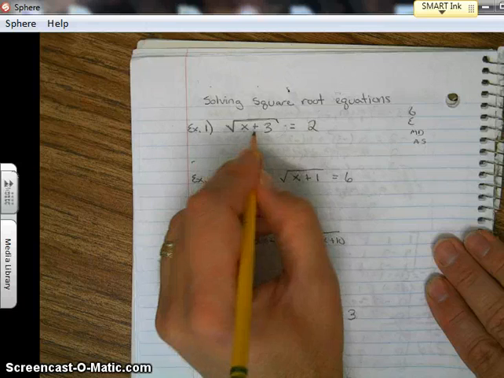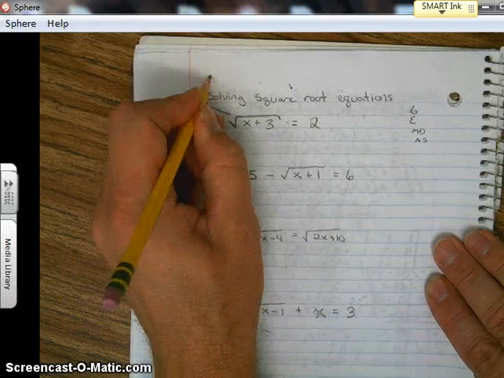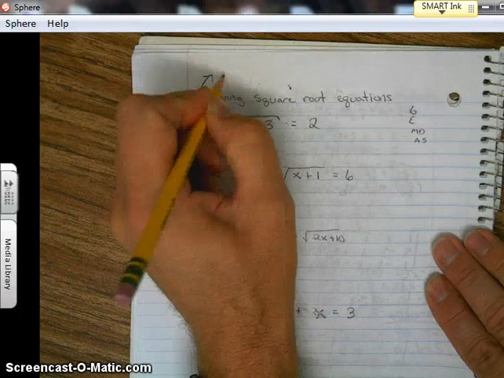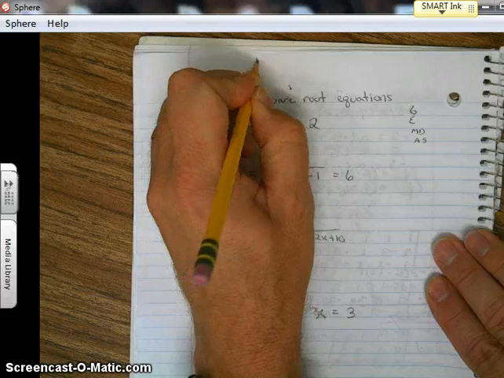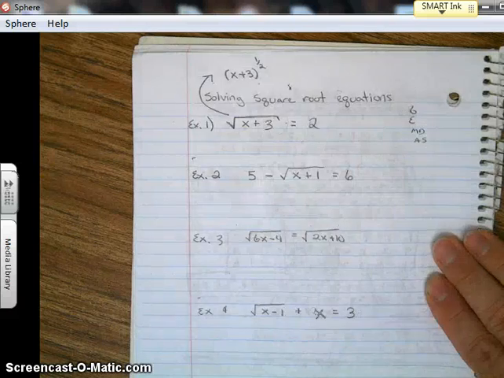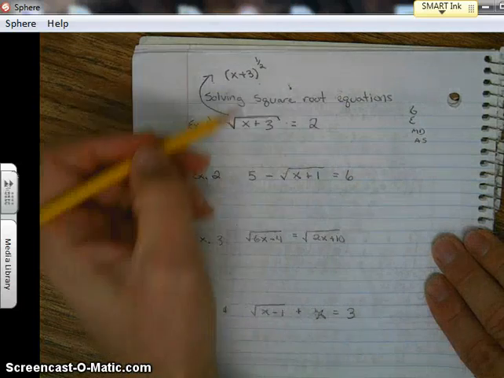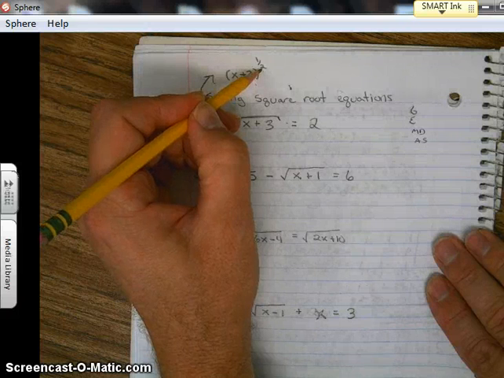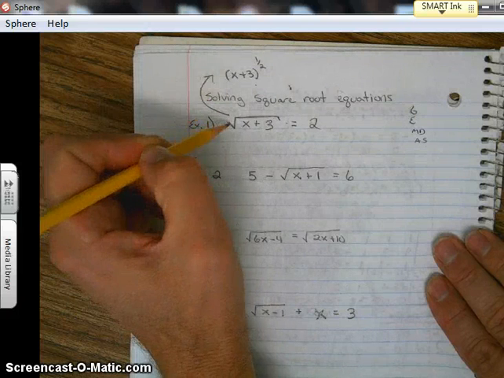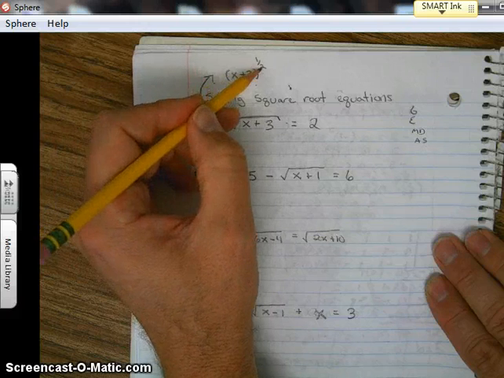If I wrote it exponentially, it would look like this. Square root is the 1/2 power. I want you to memorize that. The numerator represents the power and the denominator represents the root. So if this had been a third root, if there was a 3 in here, it'd be 1/3.